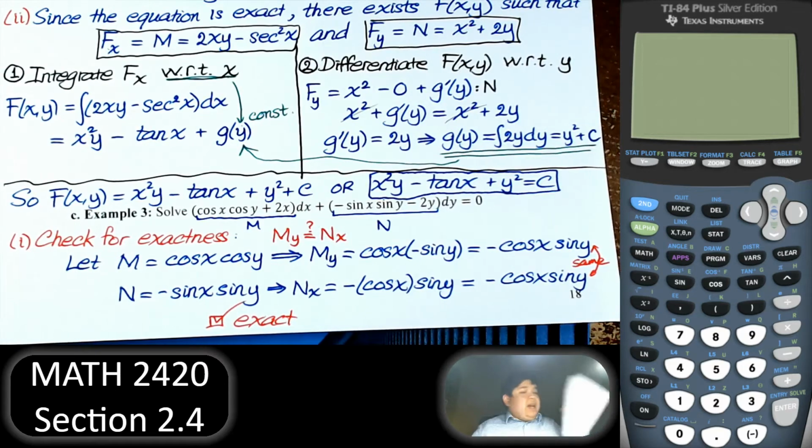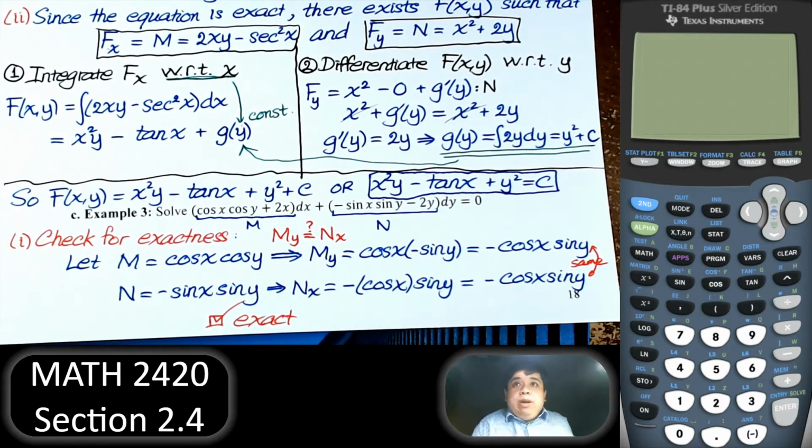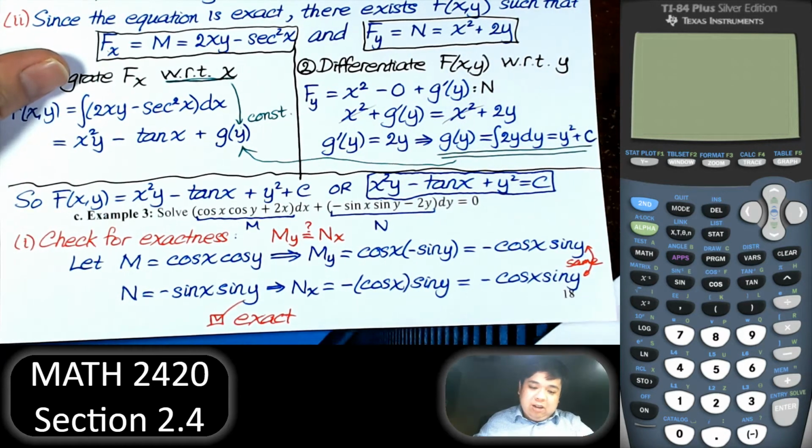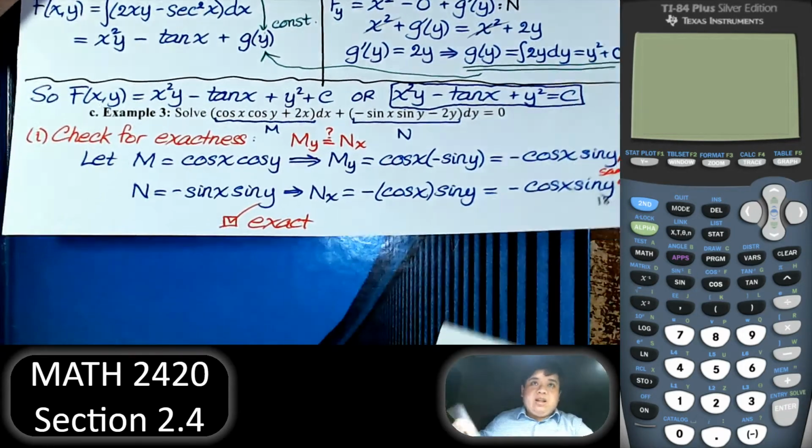Right. Next, if it is exact, there will be a potential function where the partial derivatives equal to m and n respectively. So the first step is to check for exactness.